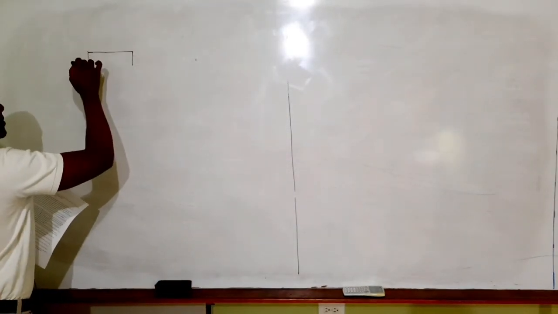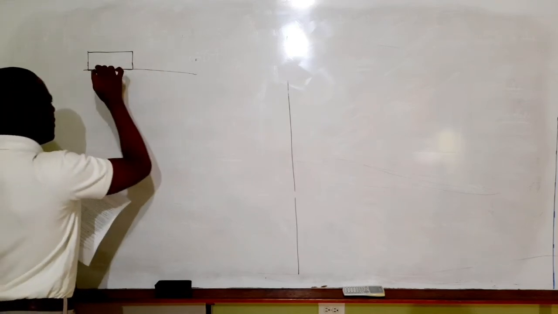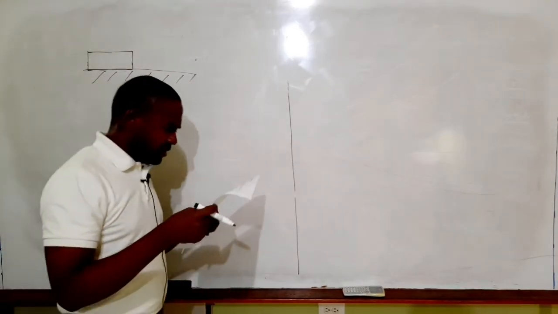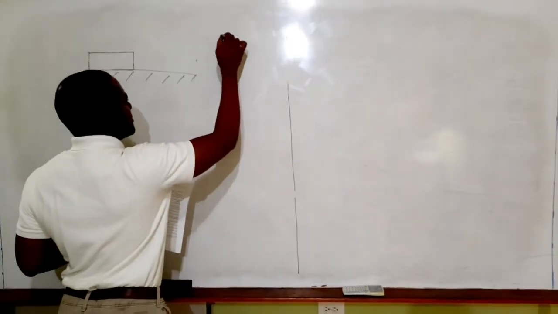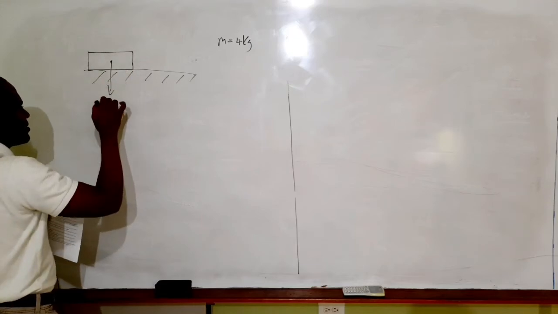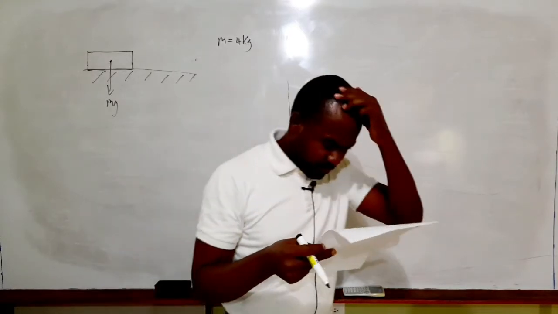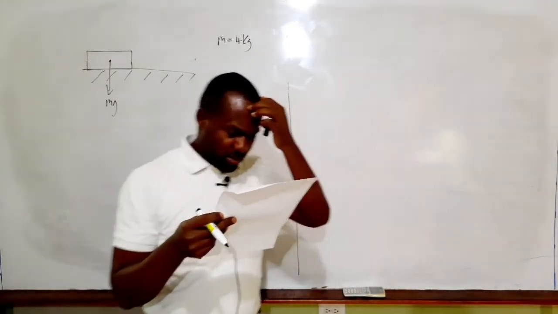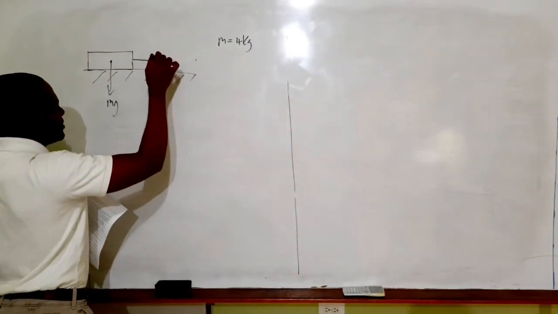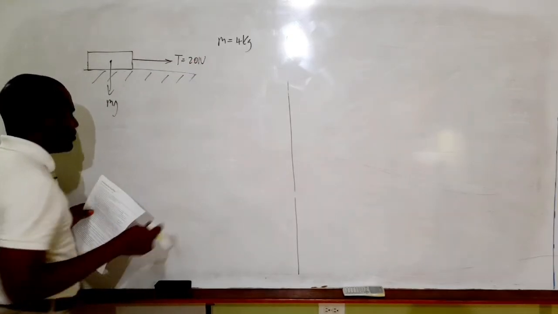So we have an object which is being pulled along rough ground, because we're talking about the coefficient of friction, right? The mass is 4 kilograms, so M is equal to 4 kg. We put the forces acting on the object: the weight acts vertically downwards, and there is tension in the string. The string is parallel to the surface, pulling the object, and the tension T is equal to 20 newtons.